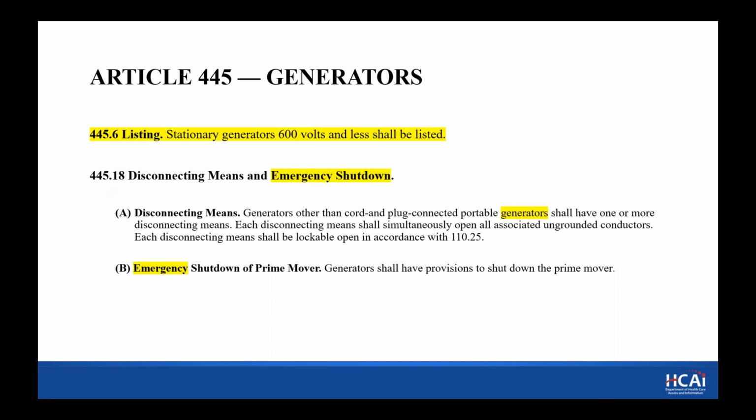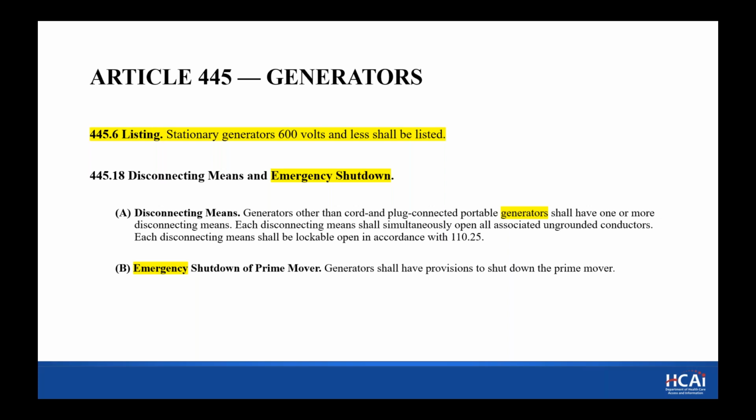Now we're talking about generators listing. I include some of this. We're seeing more requirements for generators just with all our PSPS events with the new AB 2511 requirements. And so, stationary generators shall be listed. They'll have emergency shutdown. Generators other than cord and plug connected portable generators have one or more disconnecting means.